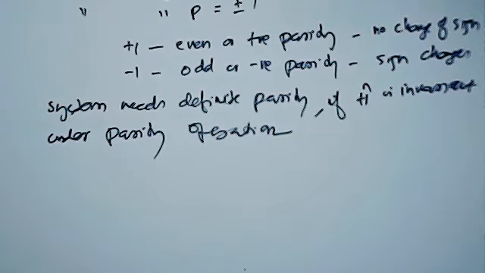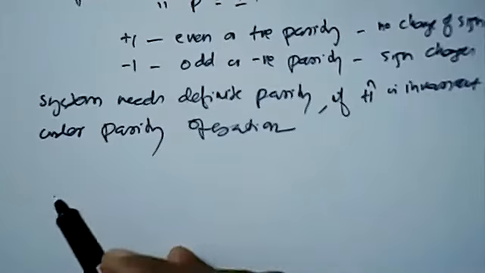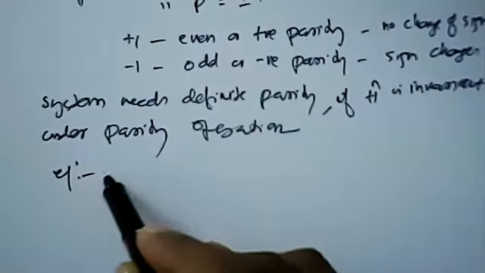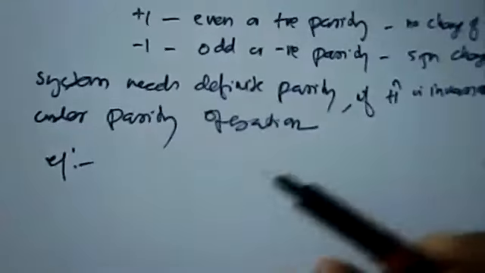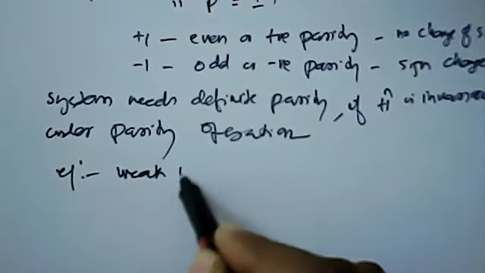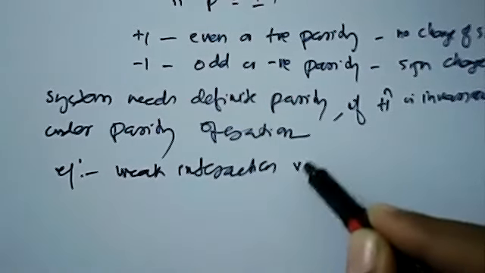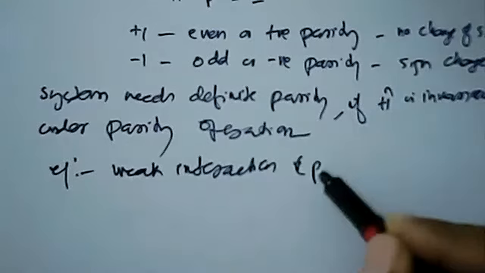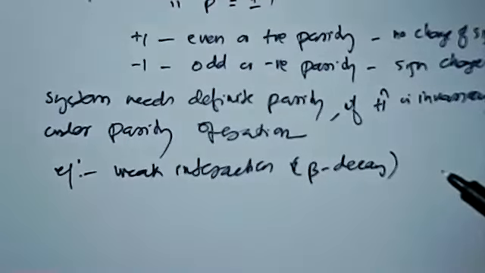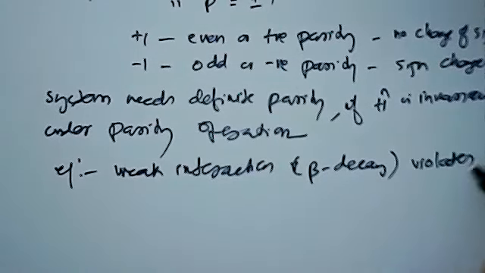In nuclear physics or particle physics, let me give you an example. The weak interaction, which is the case of beta decay, violates parity.